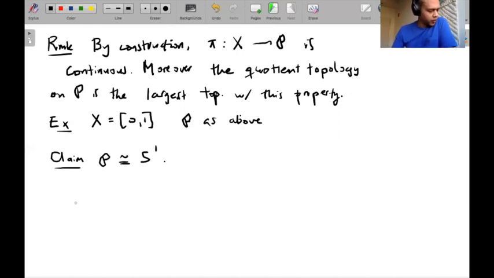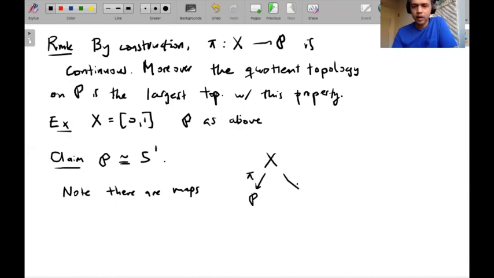Before we prove this, let me just observe that we have the following diagram. We have X, which is [0,1] here, which maps to P via this map pi.